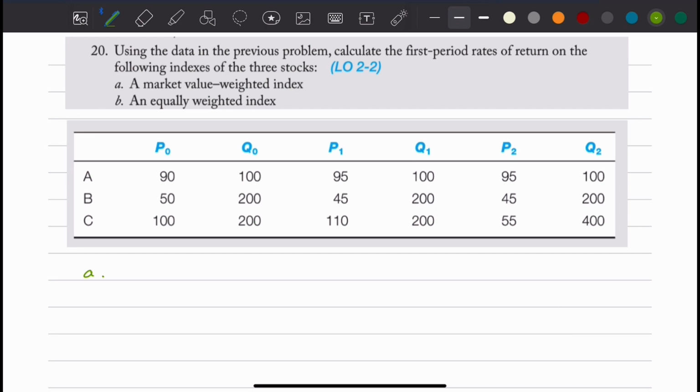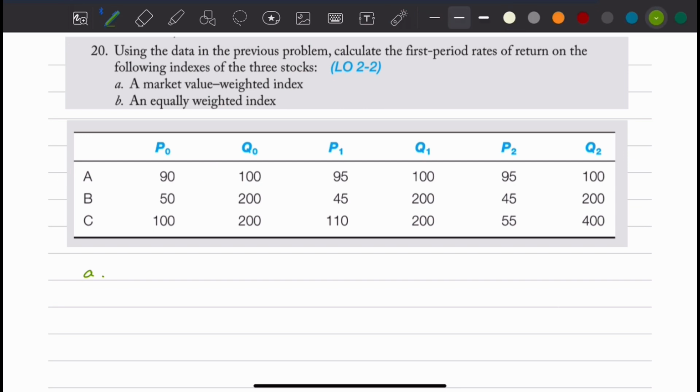For a market value weighted index, as you might remember from our lecture, we said that a market value index uses the market capitalization for the value of each component of the index. And the market capitalization is calculated by multiplying the price of each stock by its quantity.